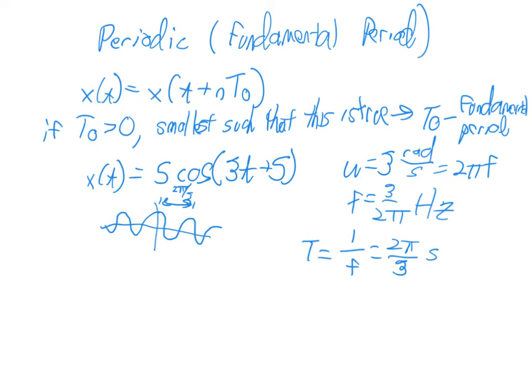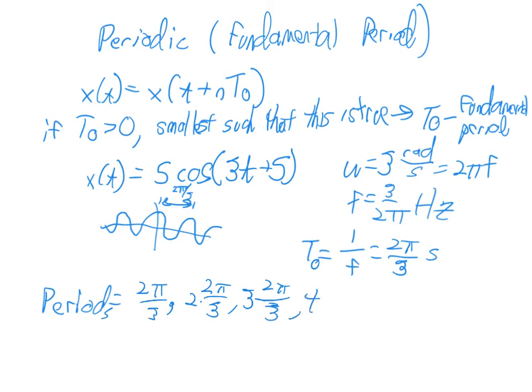But we could also say the period is any multiple of this smallest number that the signal repeats in. So the period, we could say, is 2 pi over 3, or twice that, 2 times 2 pi over 3, or 3 times 2 pi over 3, 4 times 2 pi over 3.